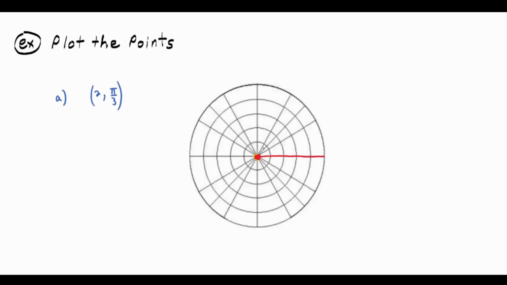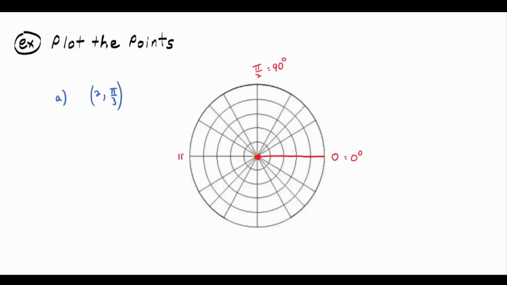So before I plot this point, let's talk about a few angles. 0 radians, you're looking straight right from the pole, right? It would coincide with 0 degrees. If you look straight up, that would be pi over 2 radians, which is the same as 90 degrees. We'll switch between degrees and radian measure here.